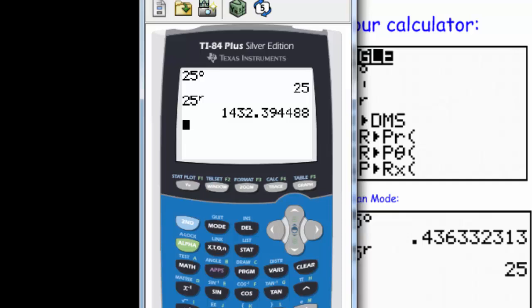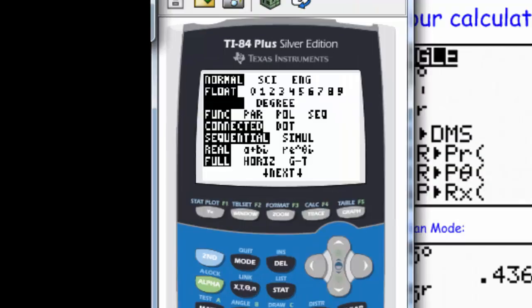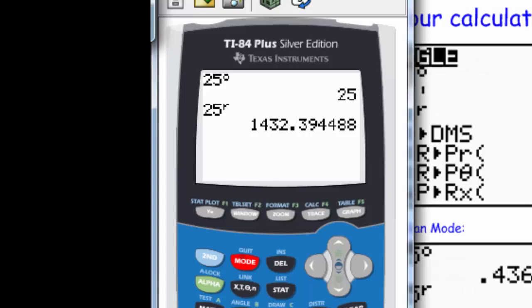Now, if I go into radian mode and I ask for those same two values, if I ask for 25 radians in radian mode, I get 25.